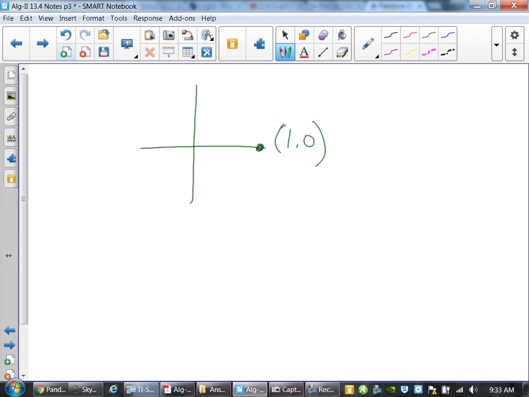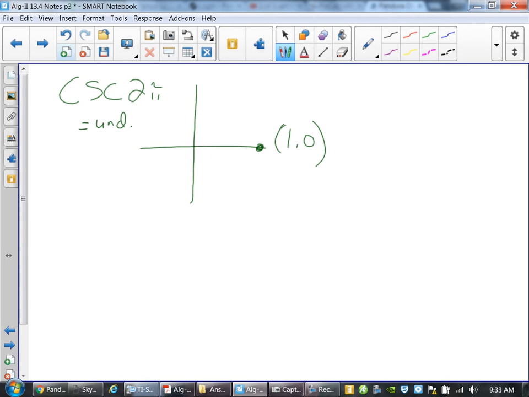This is cosecant 2 pi. So if I land at that ordered pair, cosecant is the inverse of which trig function? Sine. So what's the inverse of 0? Undefined. It's undefined. Yes.